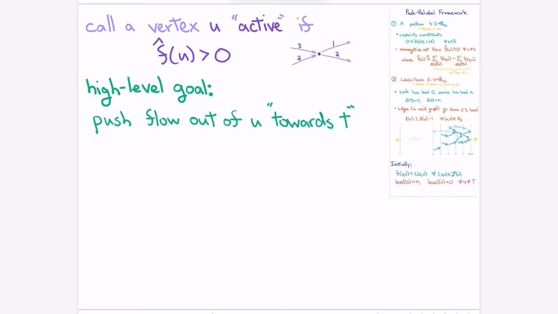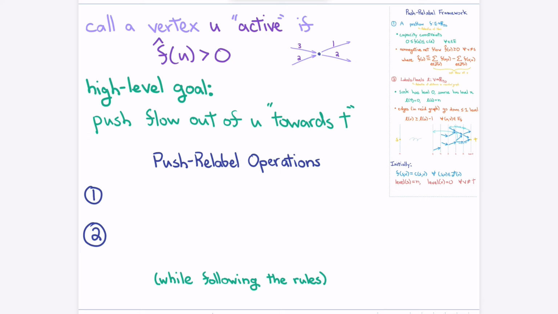We're going to do that with only two operations, which give the algorithm its name. Given an active vertex u, you have only two choices.